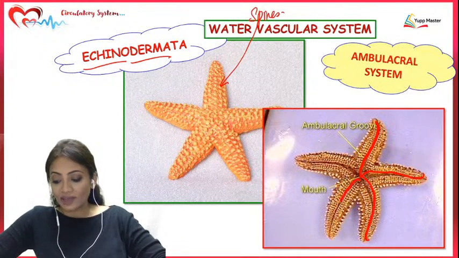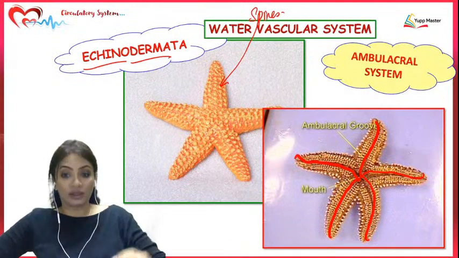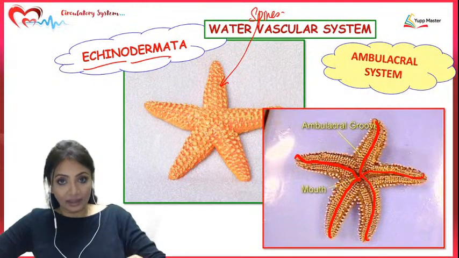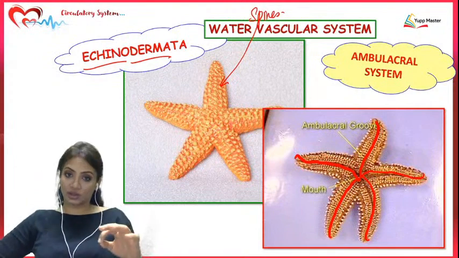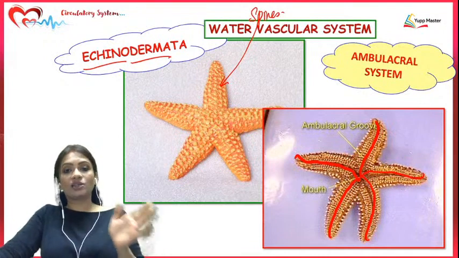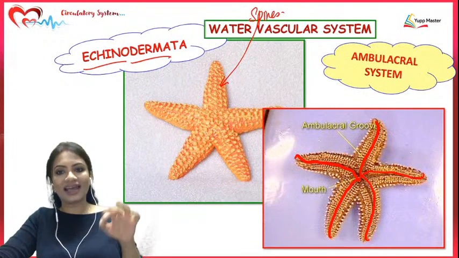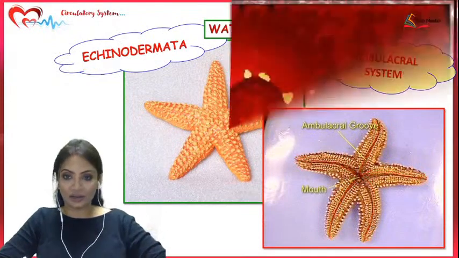As water flows inside the body, it carries all the required nourishment and oxygen to every part of this animal. So this is called a water vascular system or an ambulacral system belonging to the animals of Echinodermata.